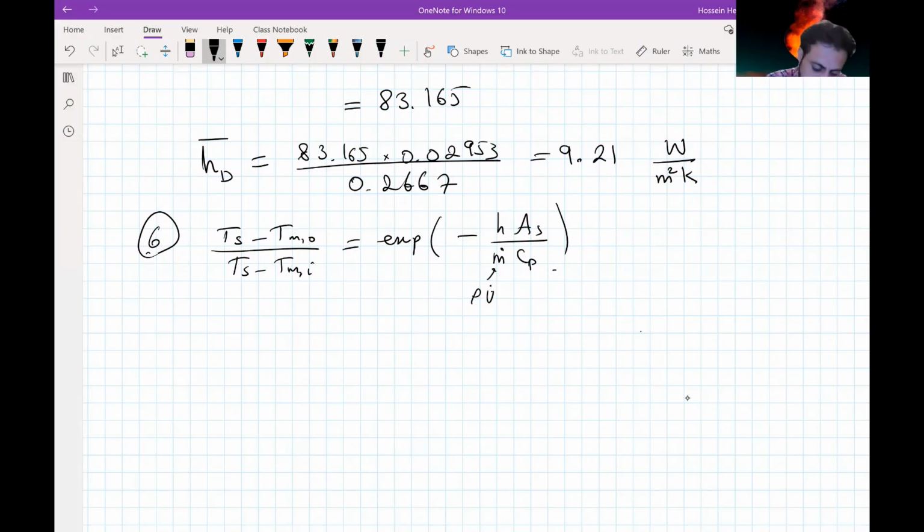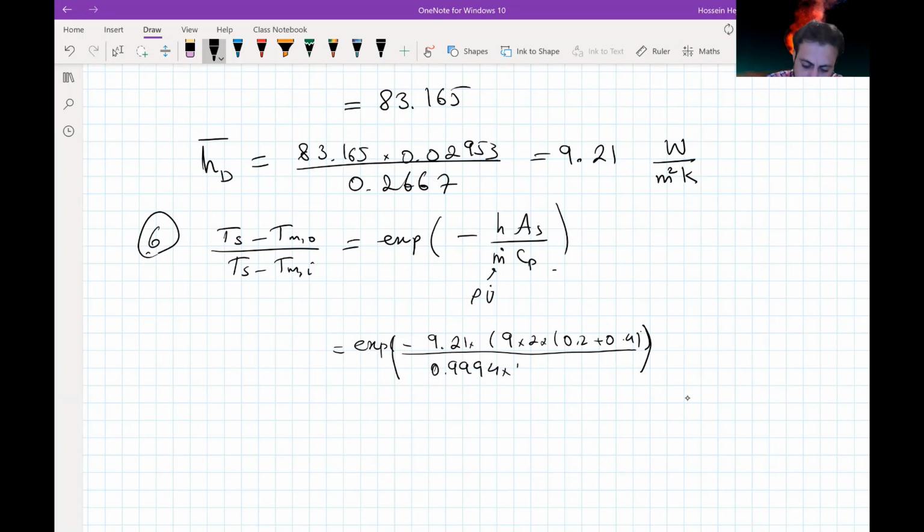Doing the replacement, it's the exponential of minus 9.21 times the area, 9 times 2 times 0.2 plus 0.4, everything divided by density 0.9994 times 0.2 times 1008 as Cp.